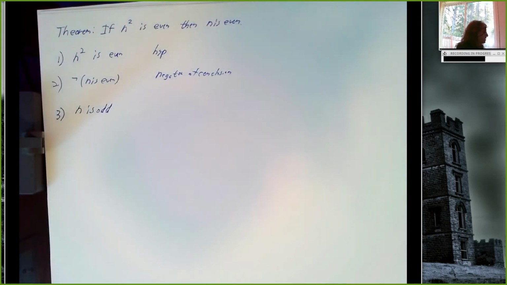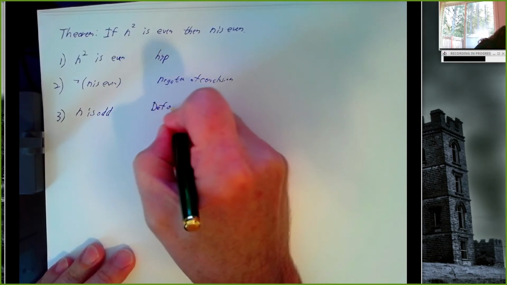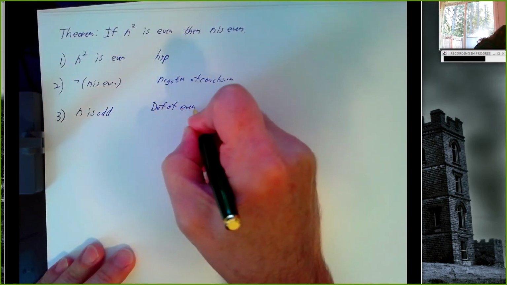Well, we haven't actually proved that, but I did tell you that every number has to be even or odd, and if you work with the definitions, you could probably show that without too much work, unless you were trying to prove it to someone very picky. But we will take it as given in this course that every integer is either even or odd, and it's exactly one of those.